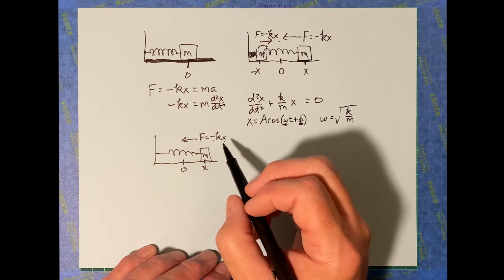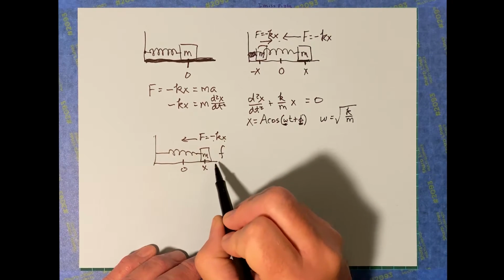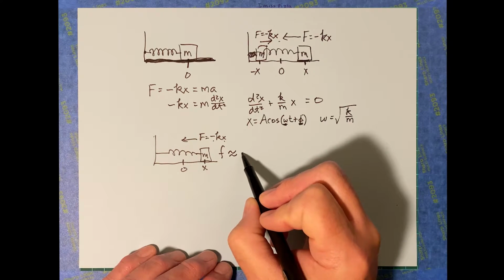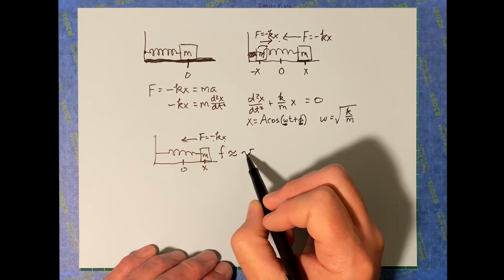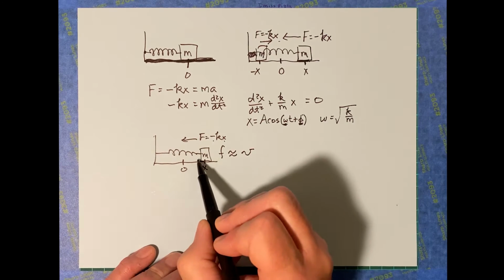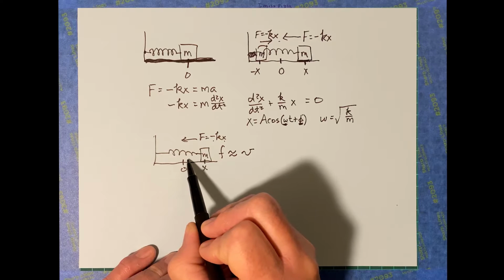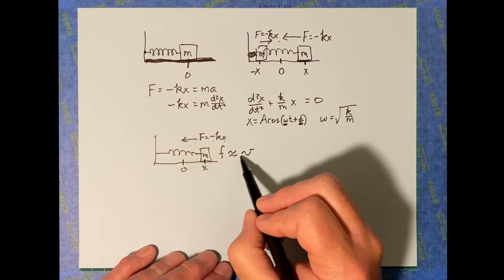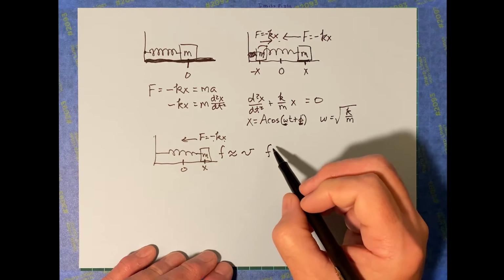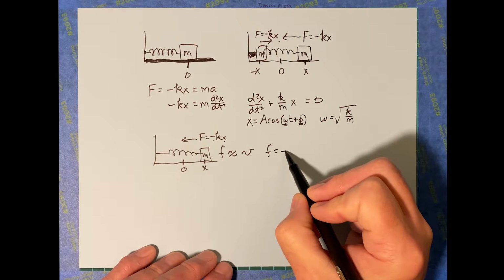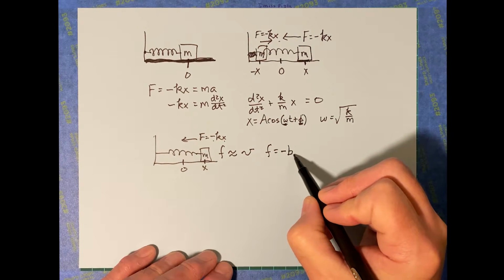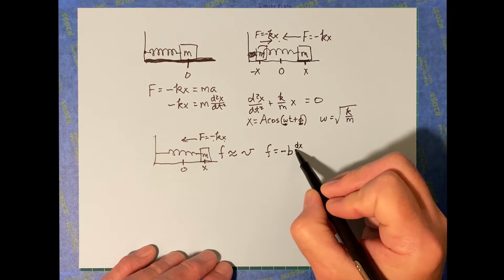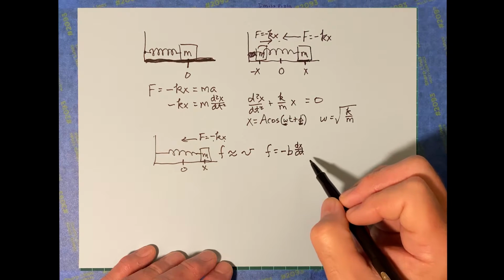But there's this other frictional force, and this frictional force, let's call that little f, is going to be proportional to the velocity, but it's going to be in the opposite direction of the velocity. So in other words, if the mass is going to the left, the friction is going to be to the right. So we can show that a little bit more clearly, that friction is equal to minus some coefficient, we'll just call it b, times the velocity, which is dx dt, like that.